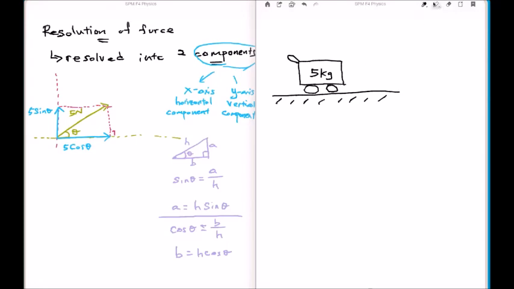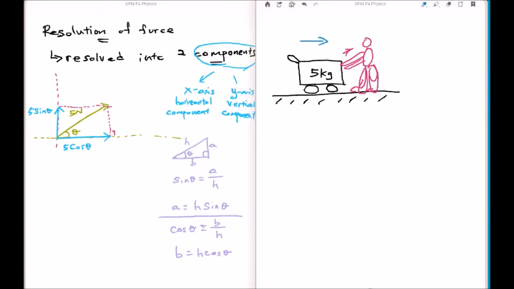So now, if you pull on it at an angle, of course the object should move to the right. Just to give you an example.